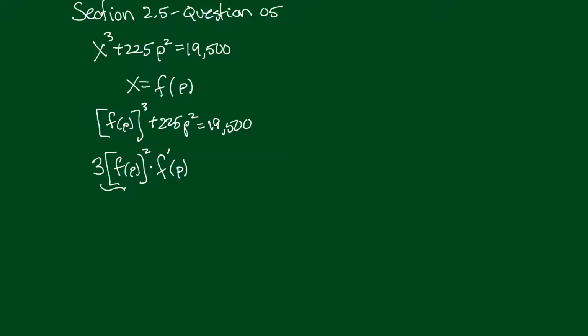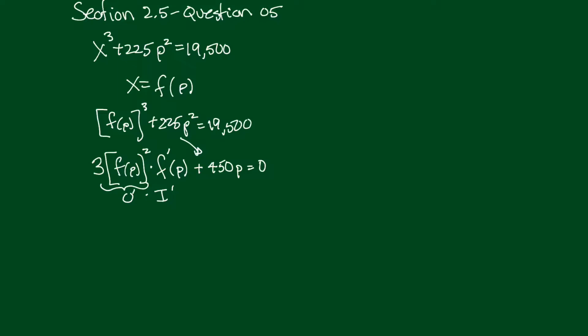And then let's get this one here. 2 comes down as a multiplier, and we'll decrease it by 1. So plus 450p equals, and then the derivative of that constant we know is 0.